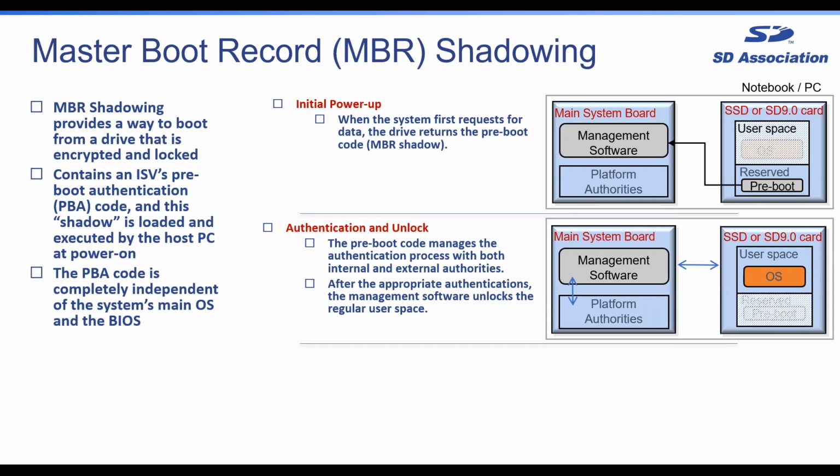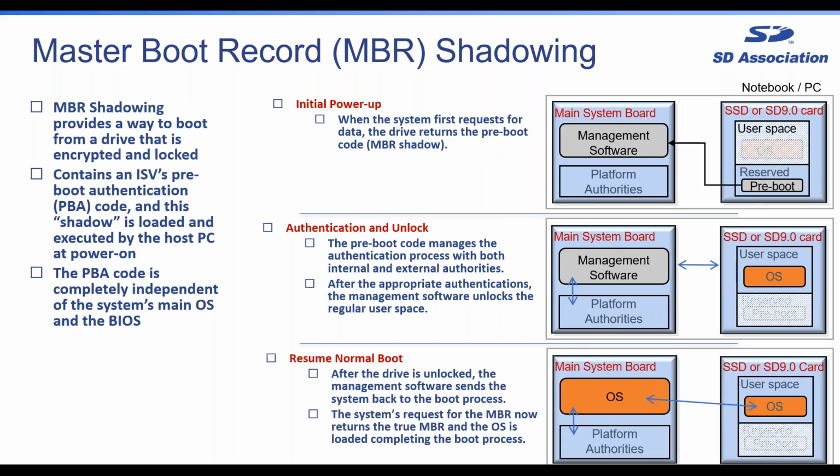So the only communication between the card, the drive, and the external authorities is managed by the ISV code. Only after the appropriate authentication succeeds does the management software unlock the regular user space, and only then is the original boot loaded and executed, like in a normal unsecured card.